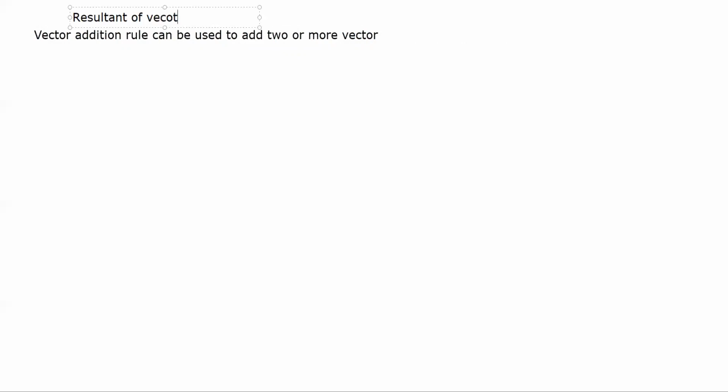So for a vector quantity, we can use a rule. We call that the vector addition rule. We can also find a resultant of the vectors by using this vector addition rule.